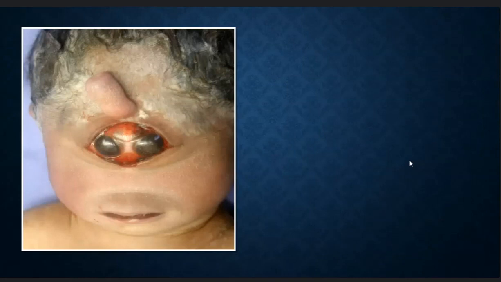We call it semilobar here. What do we call this one? What degree of holoprosencephaly is it? Semilobar, yes. Here is the alobar with Cyclopia. Of course, both of them are stillborn.